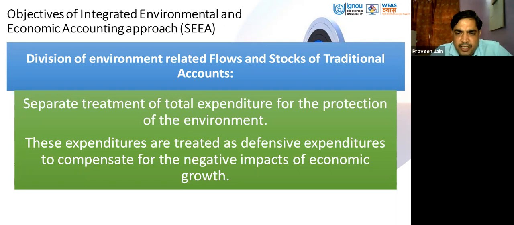Whatever expenditure is there on the protection of the environment, like in India we have various conservation programs, soil conservation programs or afforestation programs, we highlight that expenditure in the system of national accounts. These expenditures are treated as defensive expenditure to compensate for the negative impact of economic growth due to progress in economic activities.